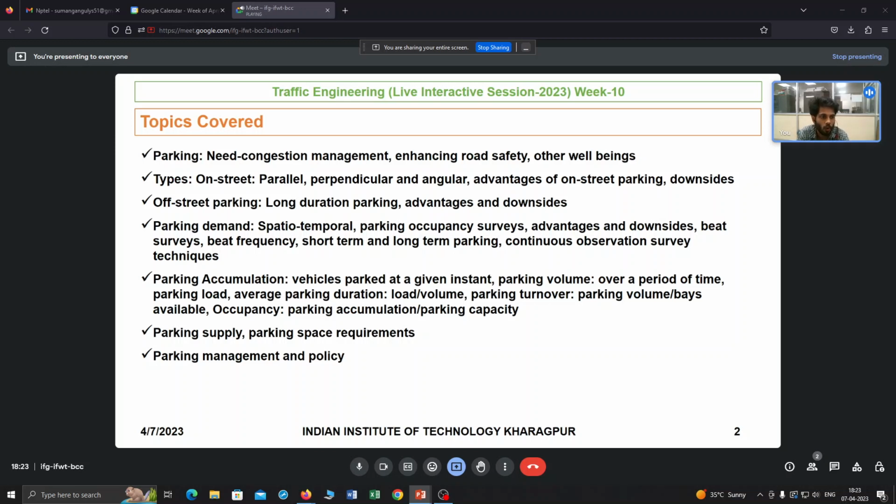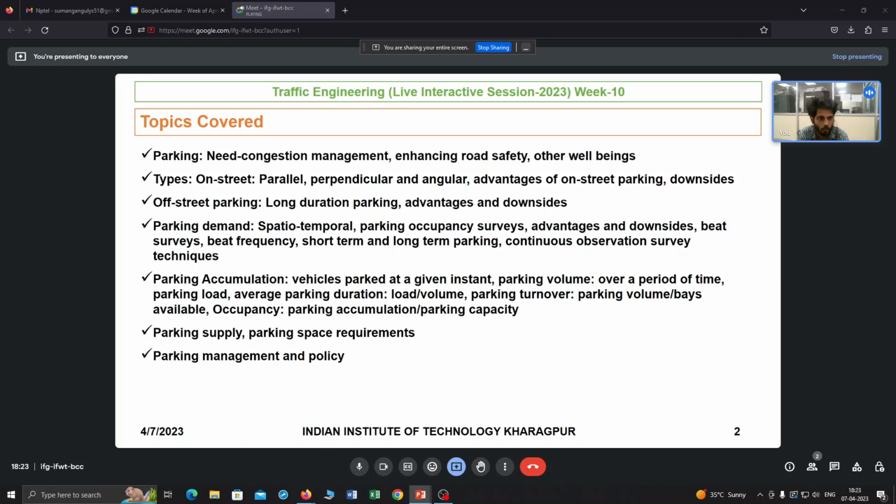Sometimes the ground floor or basement area is reserved for parking, so that near the shopping center there are no chaotic movements. If there is no sufficient parking space available near that shopping mall, people will park their vehicles on the road, which may create problems.